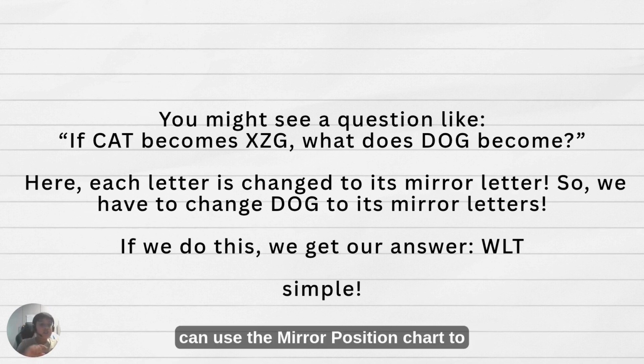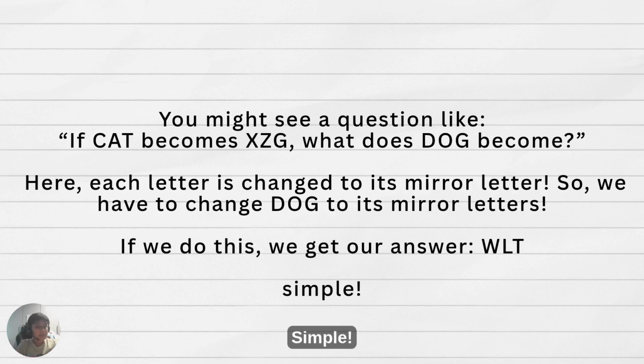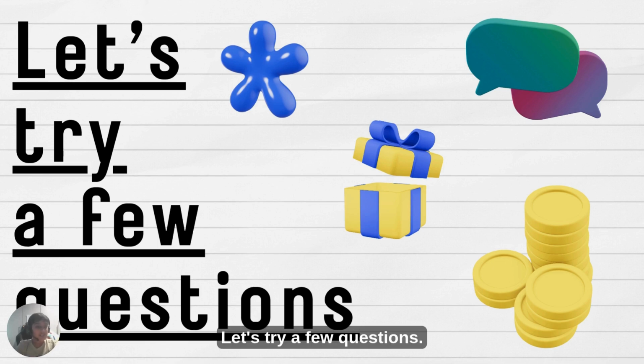Easy. You can use the mirror position chart to easily just swap out the letters instead of actually memorizing it. But you don't have to memorize it at all. If we swap out the letters, we get the answer of WLT. Simple. Let's try a few questions.